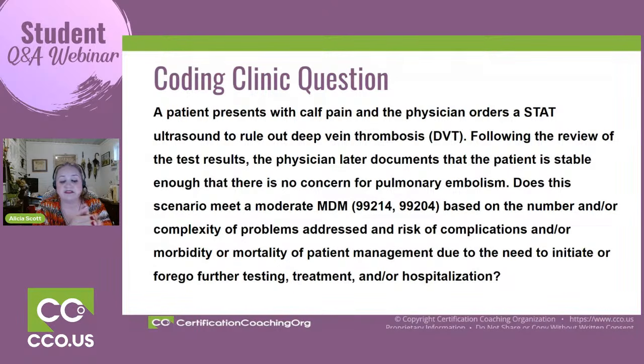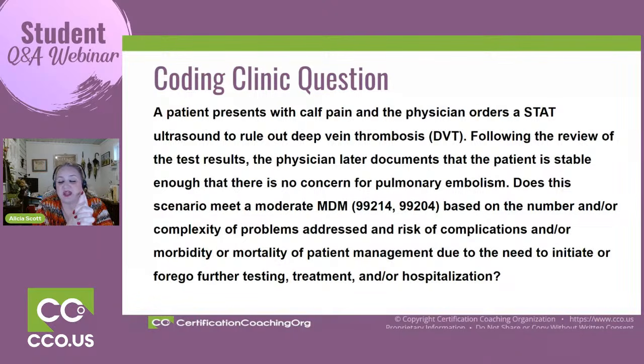So, does that mean it's a moderate? It looks like it meets the criteria, but the person is really asking, "Yeah, but everything turned out fine. So is it still moderate?" I don't know what you're thinking.